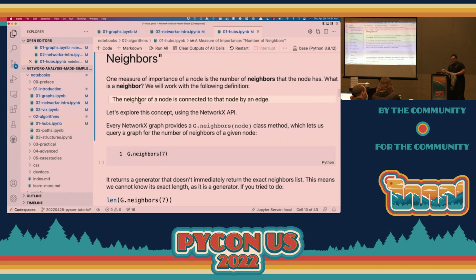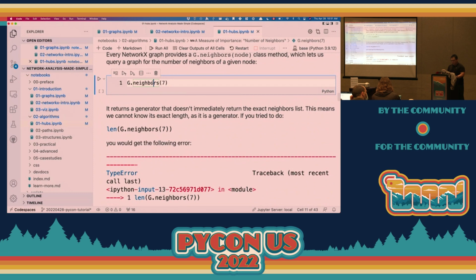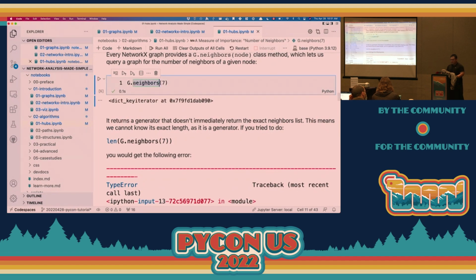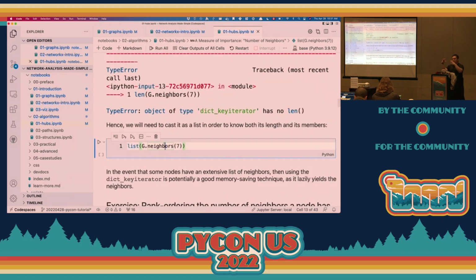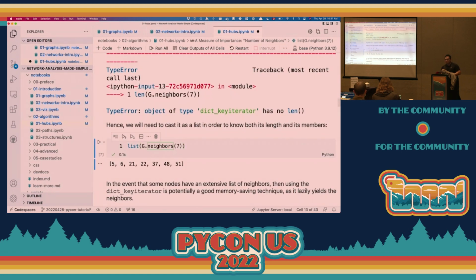Okay? So in the NetworkX Graph API, you can do g.neighbors of a particular node that is present inside the graph. What you'll get here is a kind of generator that doesn't immediately return the exact neighbors list. But what we can do over here is cast g.neighbors of 7 into a list.